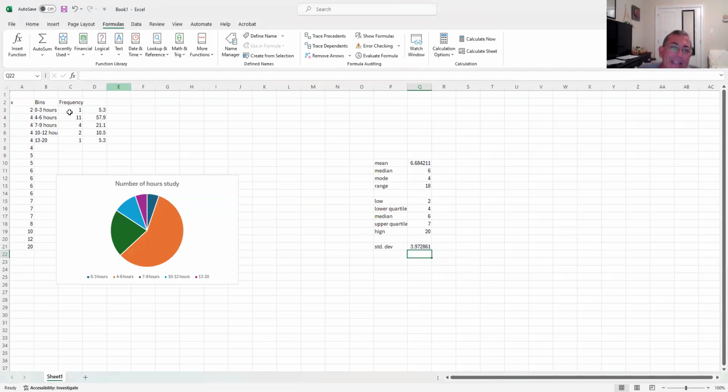So y'all, what's this data telling me? And remember, this is the number of hours studied a week. So it's telling me that on average, y'all are spending 6.7 hours or so studying. And then remember, my median is the middle.